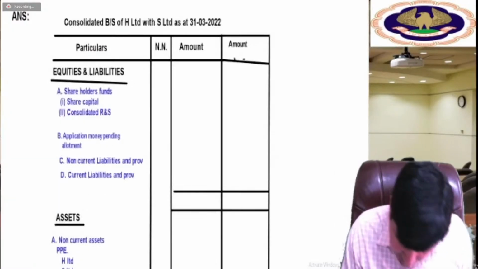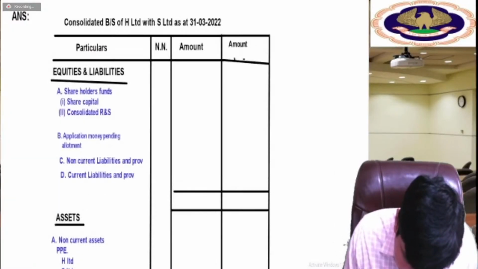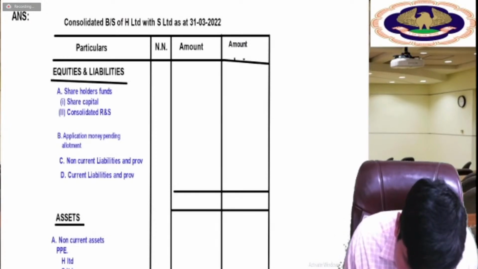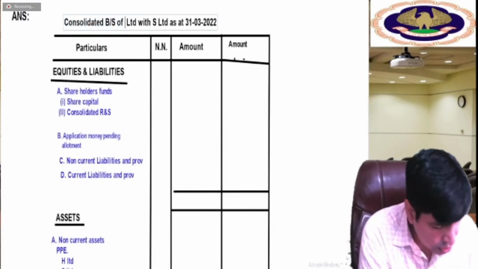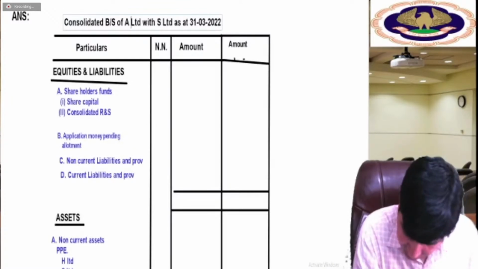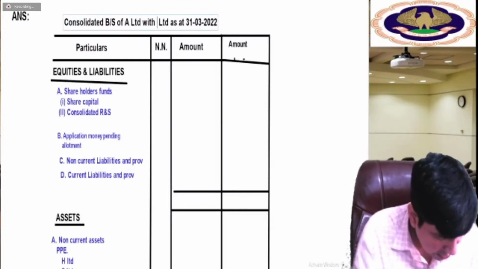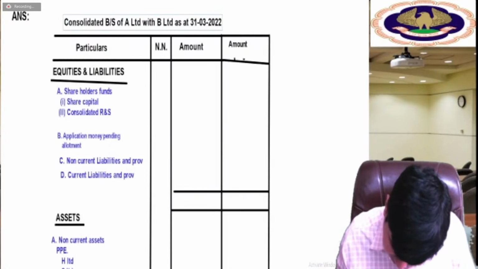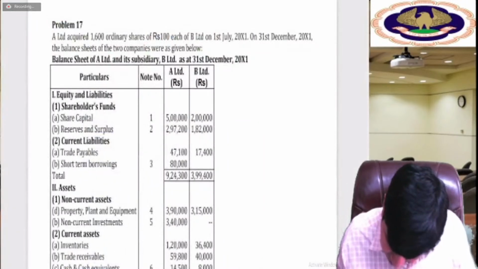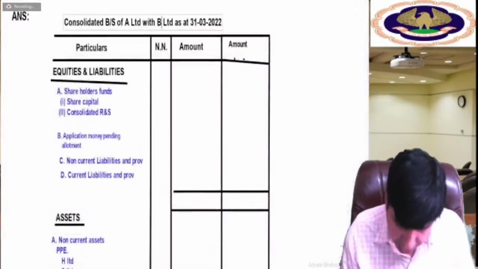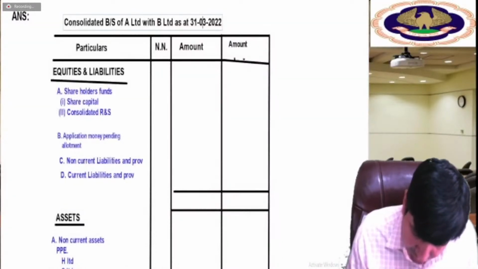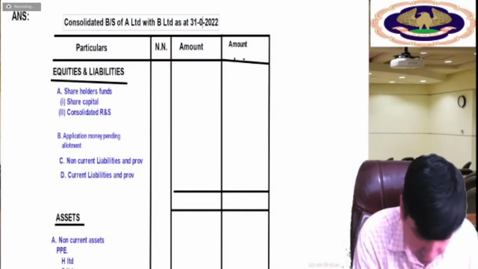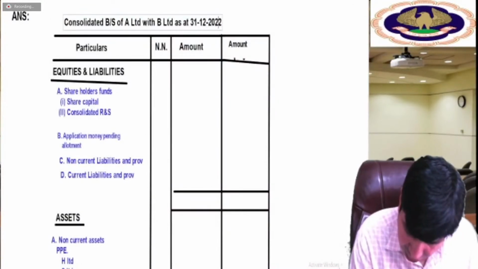So we will not use the word S limited, we shall use the word A limited. The consolidated balance sheet of A limited with B limited. Balance sheet date is 31st December 2021. It is 31st December, not 31st March.